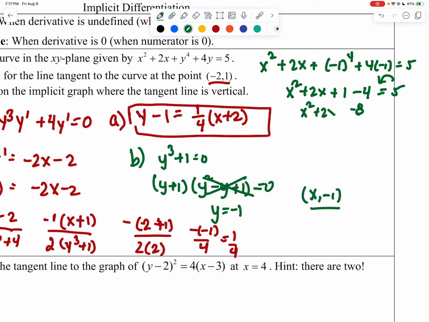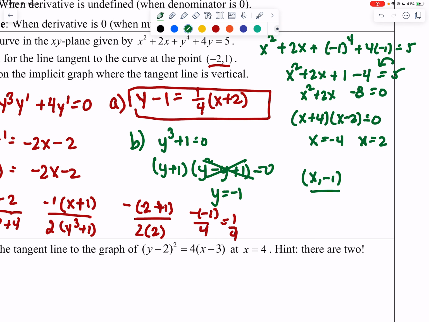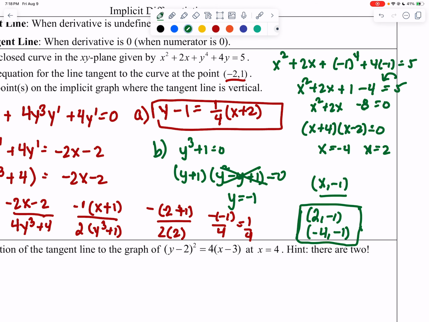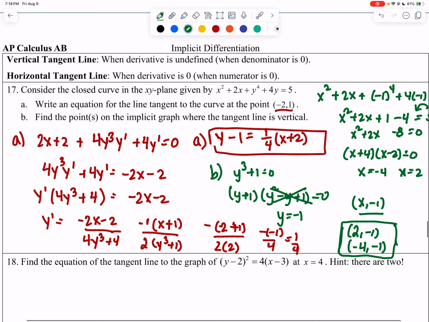So x squared plus 2x minus 8 is equal to 0. Factor that. This is going to give me x is equal to -4 and x is equal to 2. So my final answer would be (2, -1) and (-4, -1). I'm going to show you what this implicit graph looks like, and we'll see that at (2, -1) and at (-4, -1), our tangent line is going to be vertical.